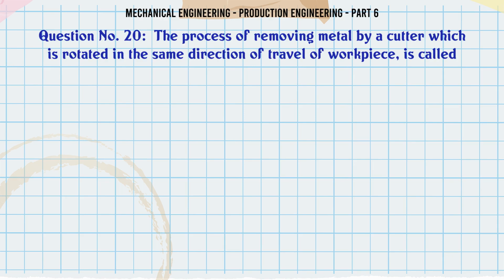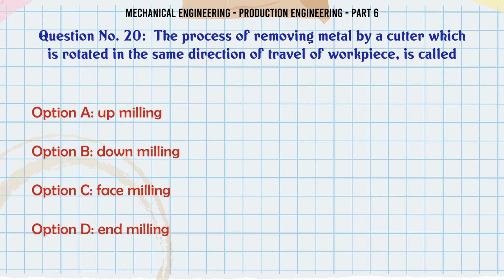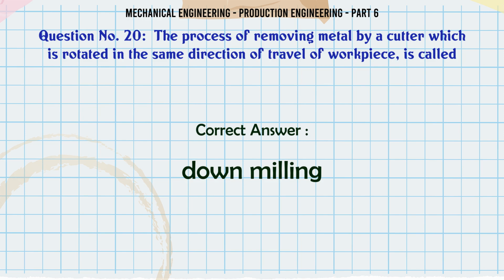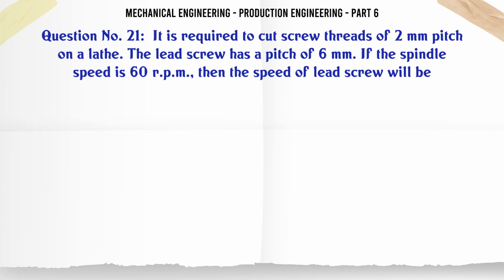The process of removing metal by a cutter which is rotated in the same direction of travel of workpiece is called A. Up milling. B. Down milling. C. Face milling. D. End milling. The correct answer is down milling. It is required to cut screw threads of 2 mm pitch on a lathe.